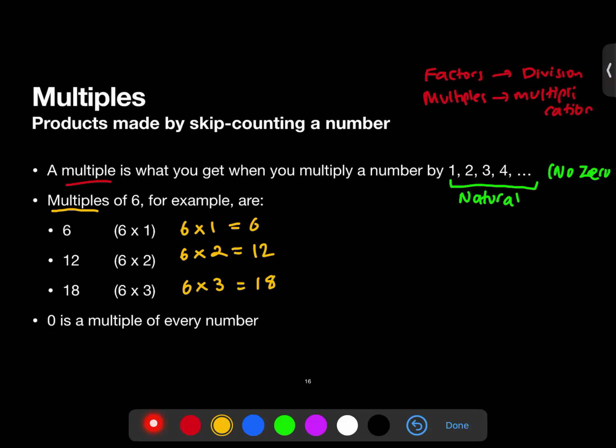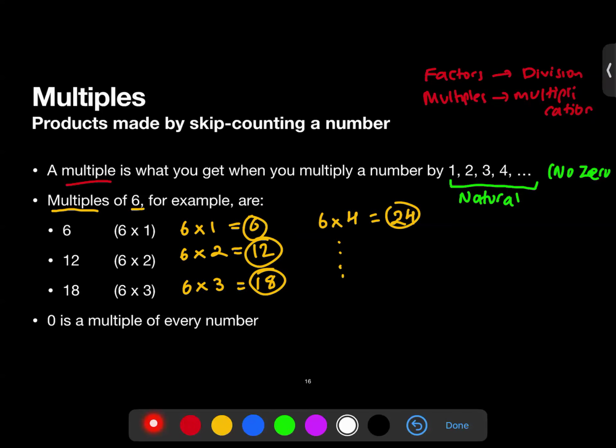So if we continue, 6 times 4 is, 24, and continue like this. So all of these numbers here, 6, 12, 18, 24, they're all multiples of 6.